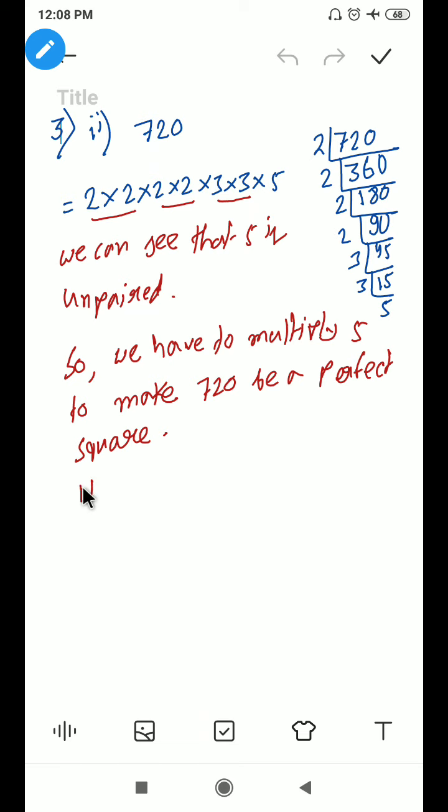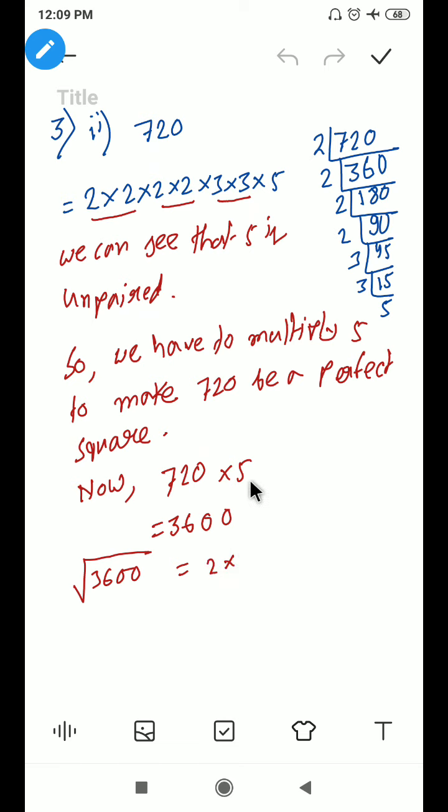If you multiply 5 with 720, 5 times 0 is 0, 5 times 2 is 10, 1 is carry, 5 times 7 is 35 plus 1, that is 36. So 3600. Now find the square root of this number. 2 comes out from here, and 2 comes out from here, from the 3s one 3 comes out, and from the 5s, since we already multiplied by one 5, one 5 comes out.